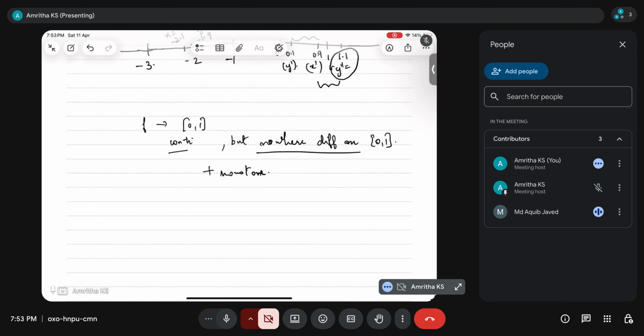It may exist, but it should be a very bad kind of function. Actually, it does not exist. Let me get the theorem. Yes, it does not exist.